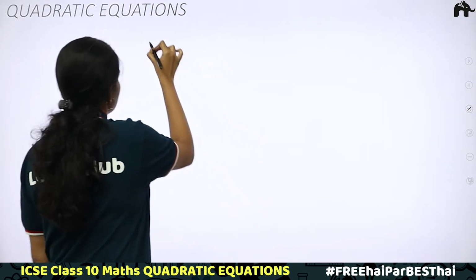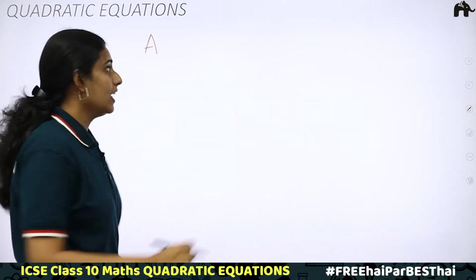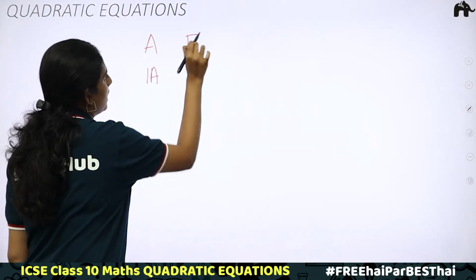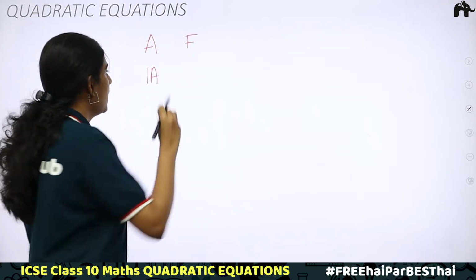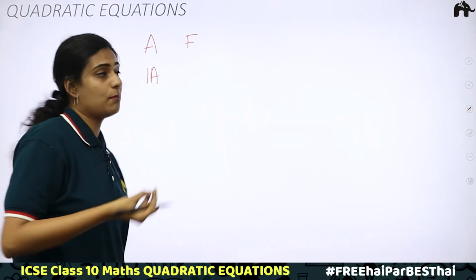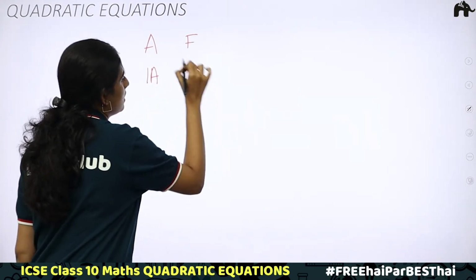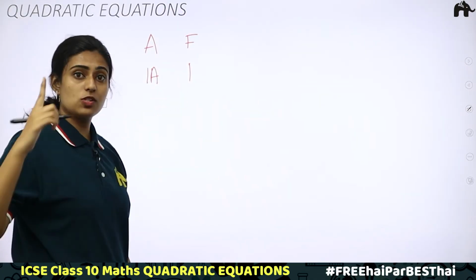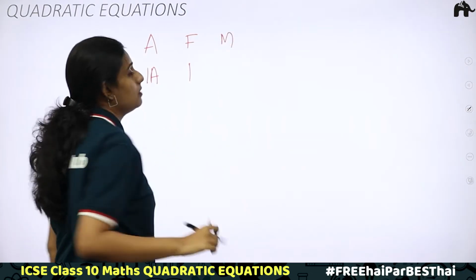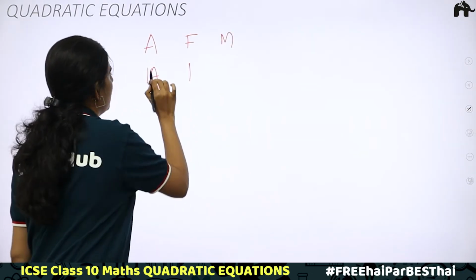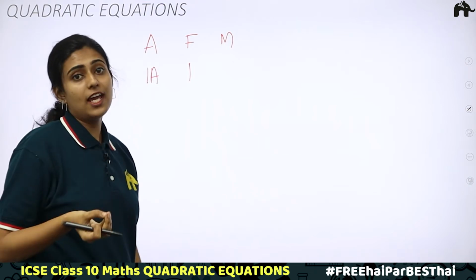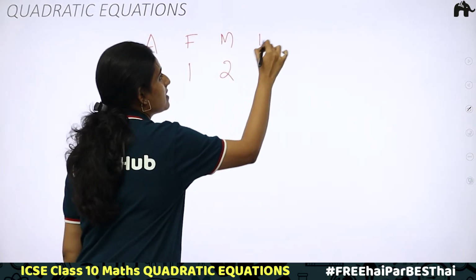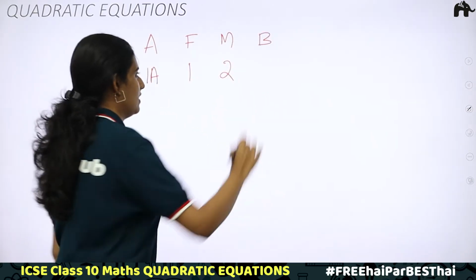Let us name the boy A. If A gets 1 A grade, then father will be giving him the square of the number of A grades, so father will give him 1 square, which is 1. Mother will be giving him 2 times the number of A grades he gets, so here it is 2. And whatever happens, brother will give him only 1 chocolate.